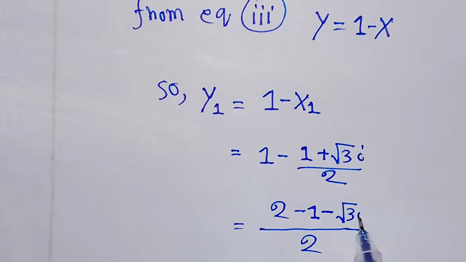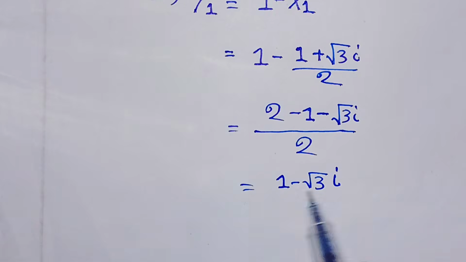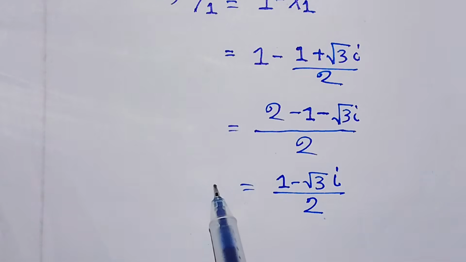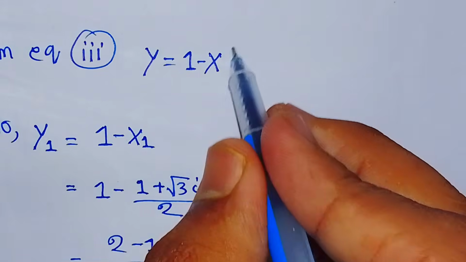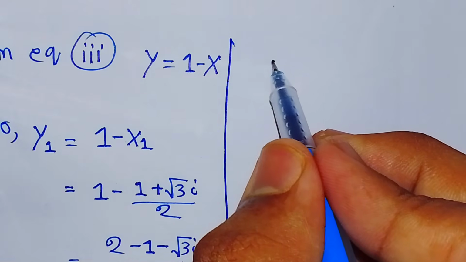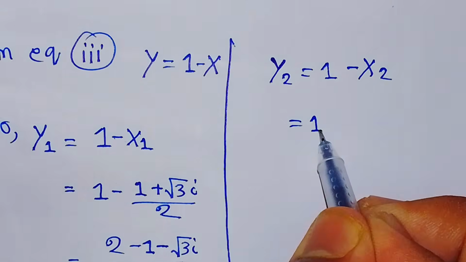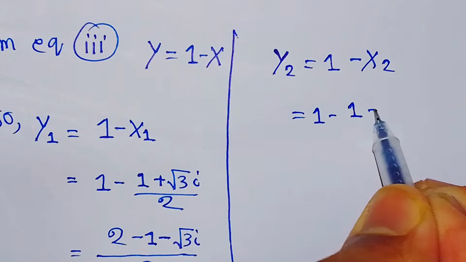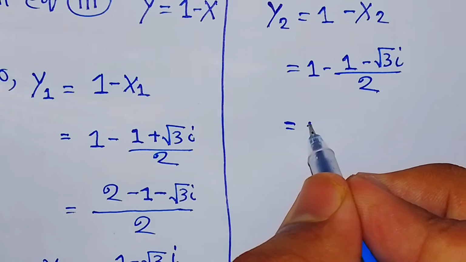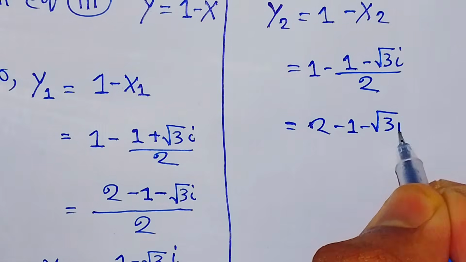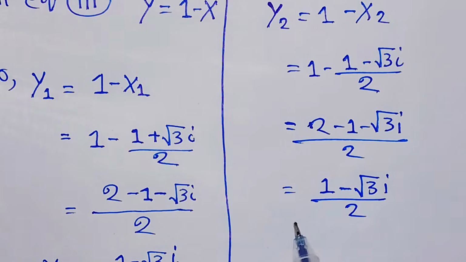After simplifying, we get y1 = (1 - √3 i) / 2. Now the second one will be y2 = 1 - x2. We replace the value of x2: 1 - (1 - √3 i) / 2, which is (2 - 1 + √3 i) / 2. So y2 = (1 + √3 i) / 2.